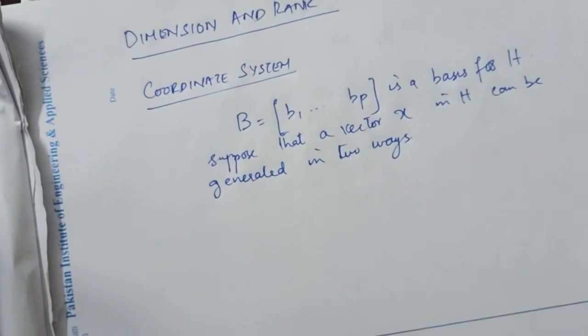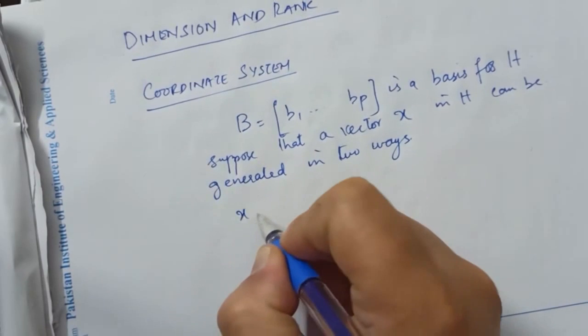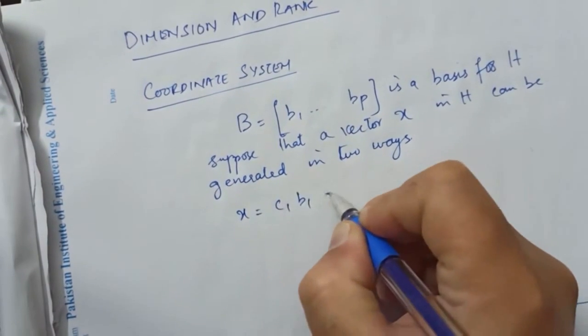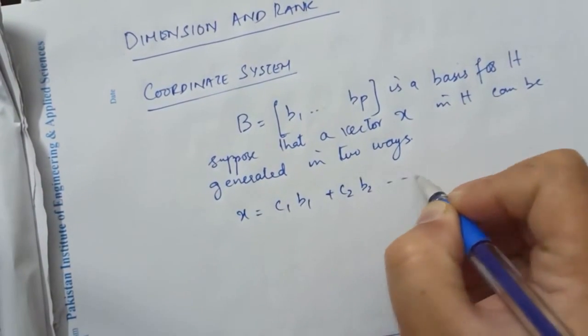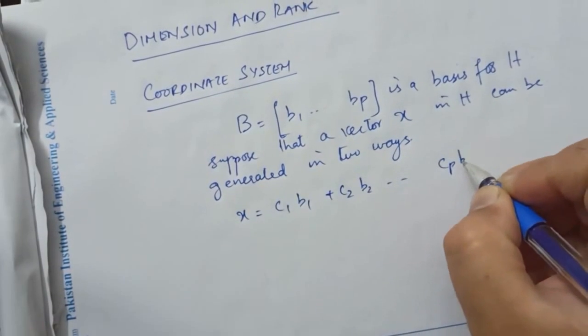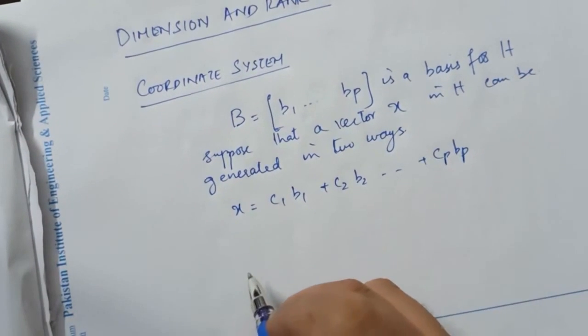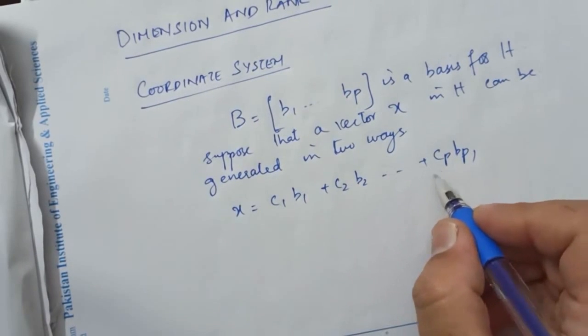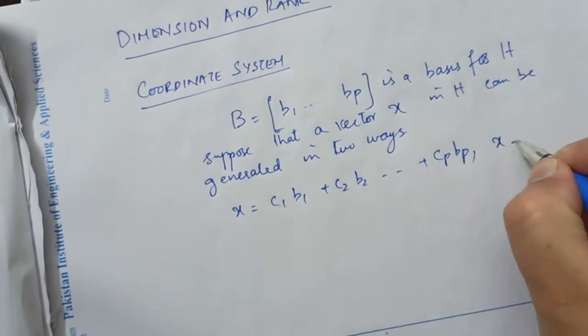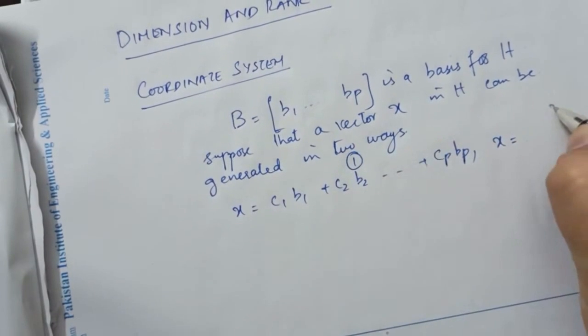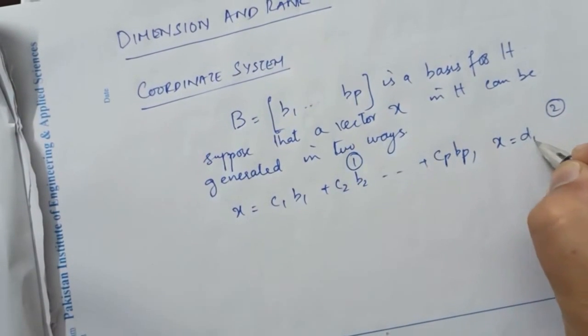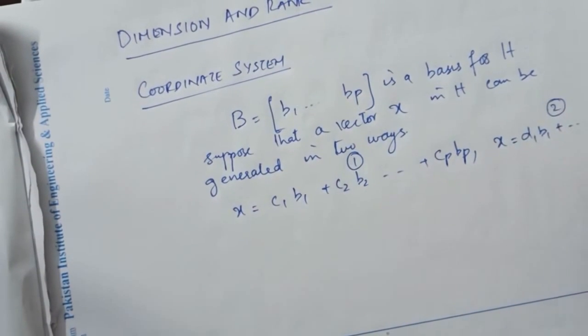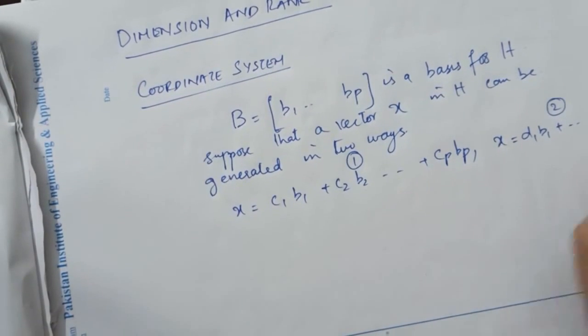Let's say we can write X is equal to C1B1 plus C2B2 up to CPBP, right? That is the first way you can generate the vector X, and similarly there is a second way, let's say D1B1 plus up to DPBP, right?